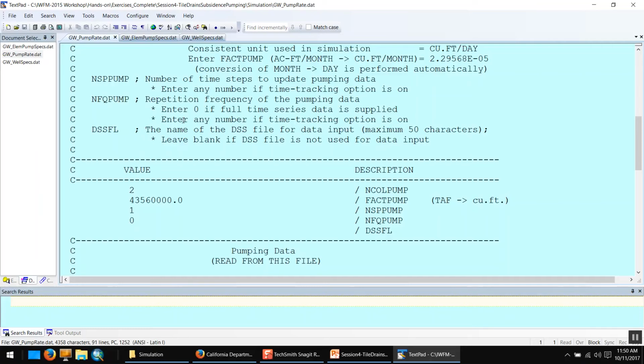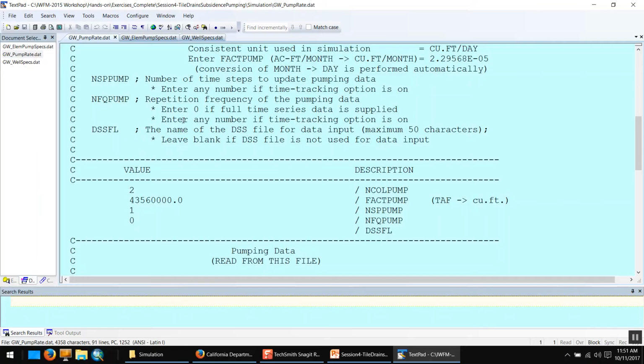If you use 25, you get 2,500. So let's say that my goal is to pump 70 TAF per month throughout the entire simulation period, never turning off.